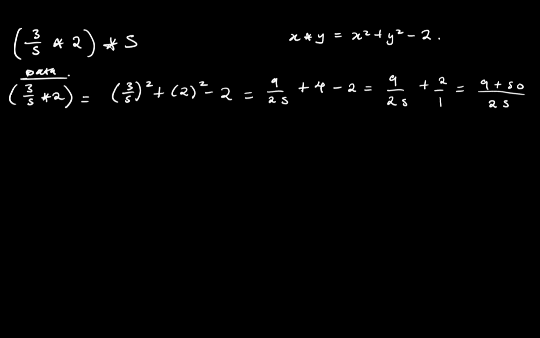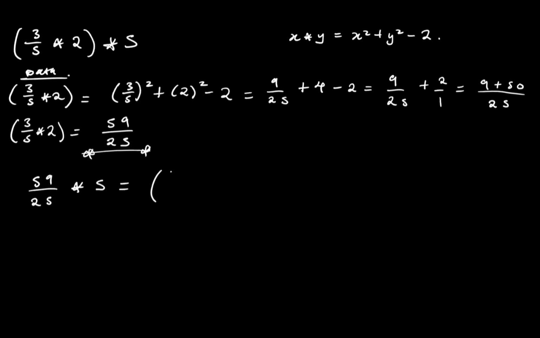So you will have 3 over 5 star 2 resulting in 59 over 25. From there, we can pick it up and say 59 over 25 operated on 5. And this will give us 59 over 25 squared plus 5 squared minus 2.